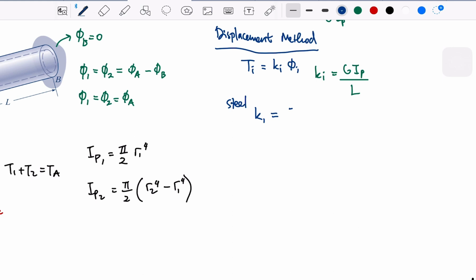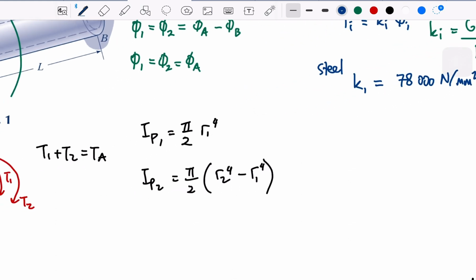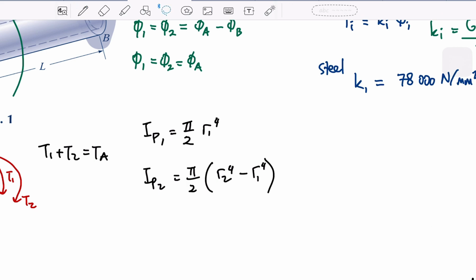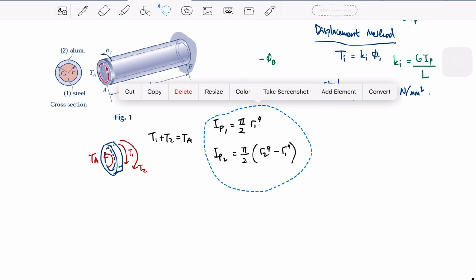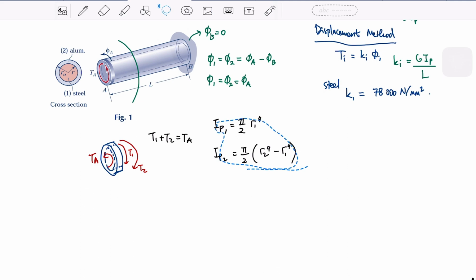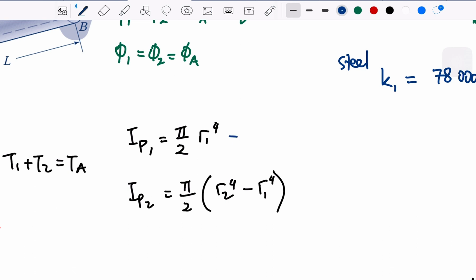Steel G is 78 GPa, so we could write this in MPa, and then the inertia. Let me write the inertia with this formula right here.